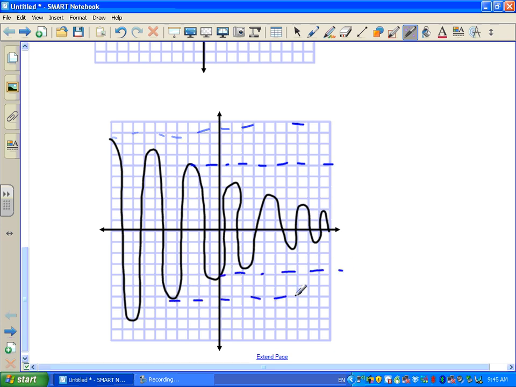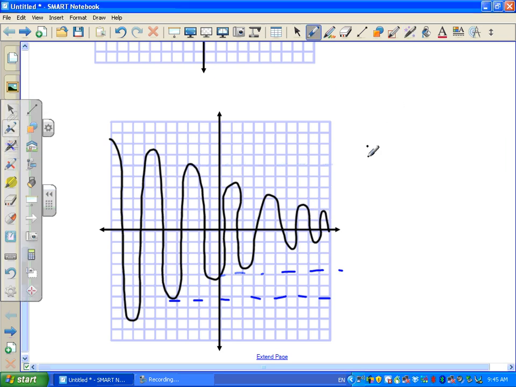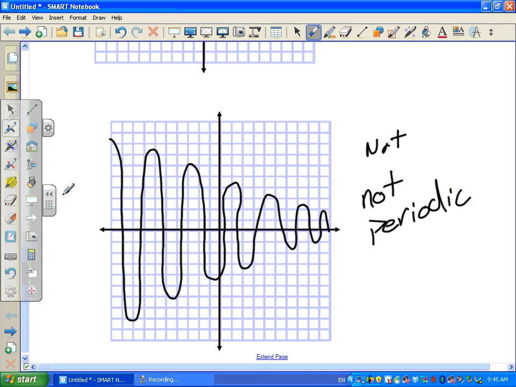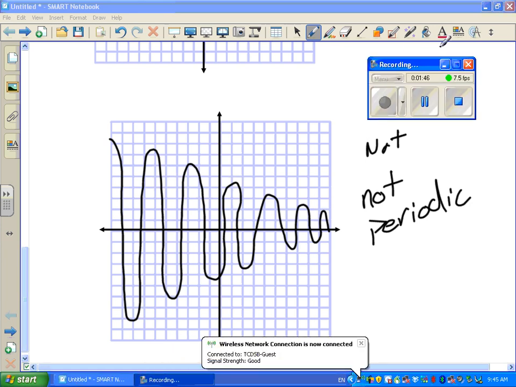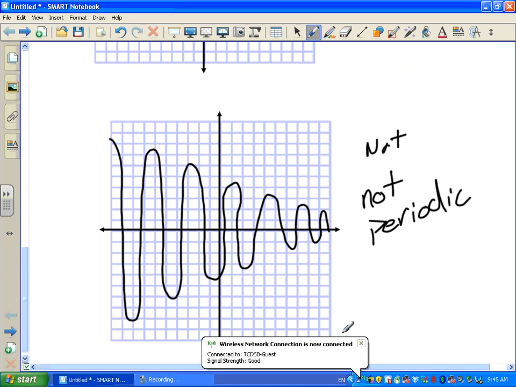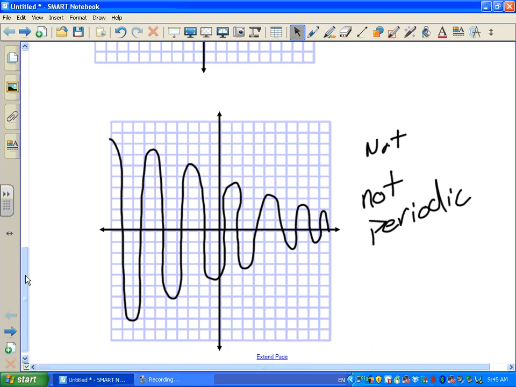Same with the troughs. So that means this is not a repeating pattern. Therefore, it is not periodic. You guys okay with that? That took us a minute 45 to take up. It was that simple.